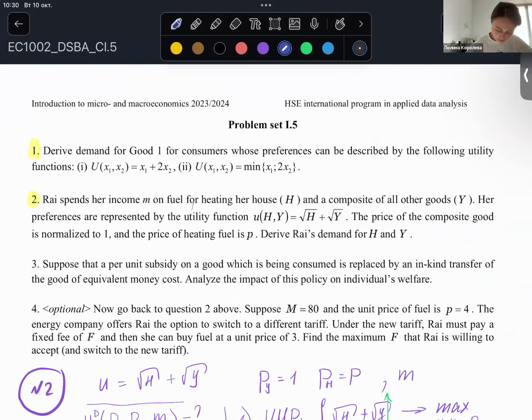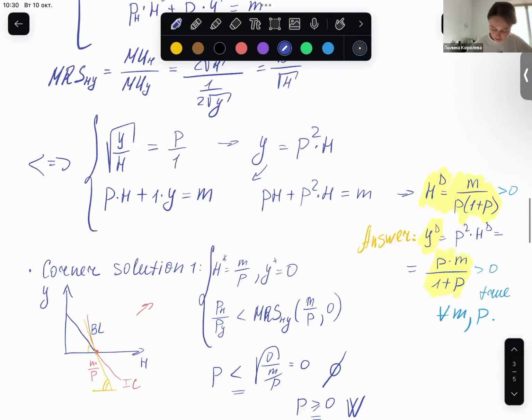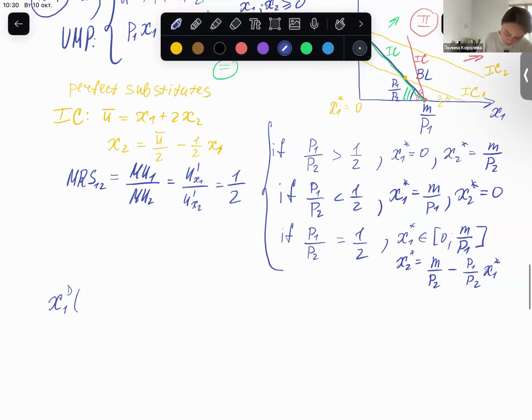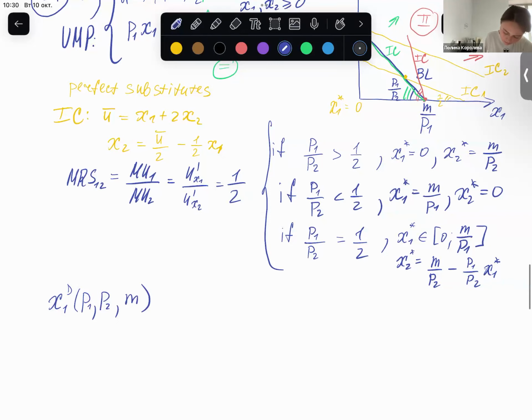Yes, we should find the demand for good one, but actually we can write down the demand for good two also. So the answer. The demand for x1 as a function of price of good 1, price of good 2, and monetary income equals, and we write down these three situations.